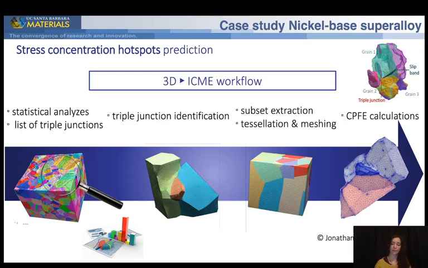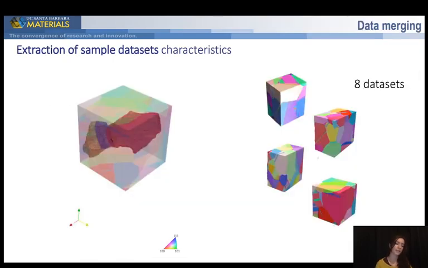We take advantage of the statistical analysis presented earlier to identify some triple junctions of interest that either trigger a slip band or trigger intense lattice rotations, and we run calculations on this smaller dataset. Here's an example of what this looks like. We have a triple junction between the 3 grains and the cropped dataset around it.